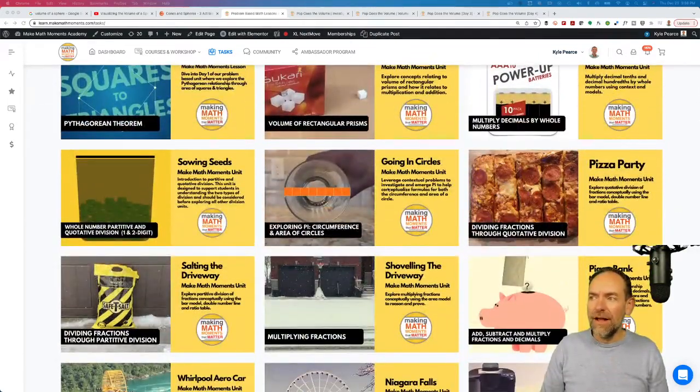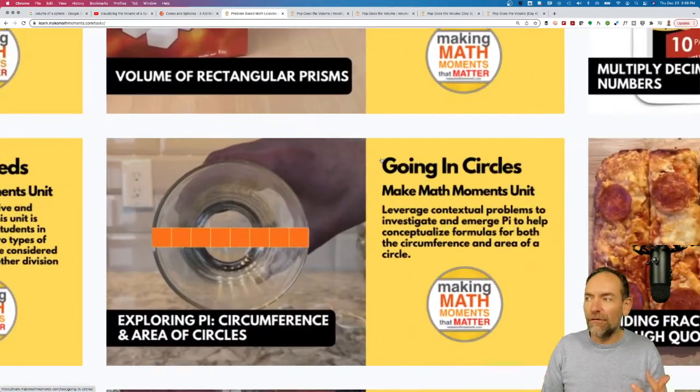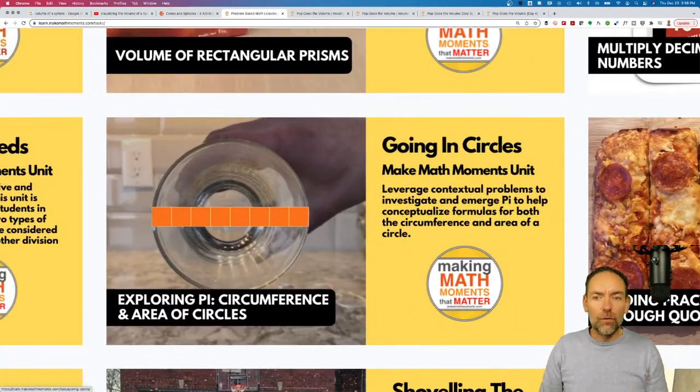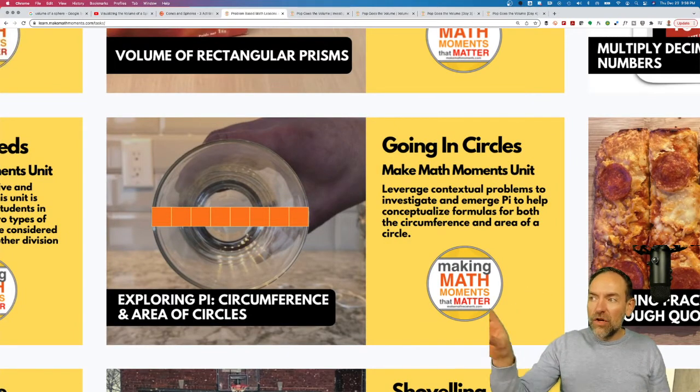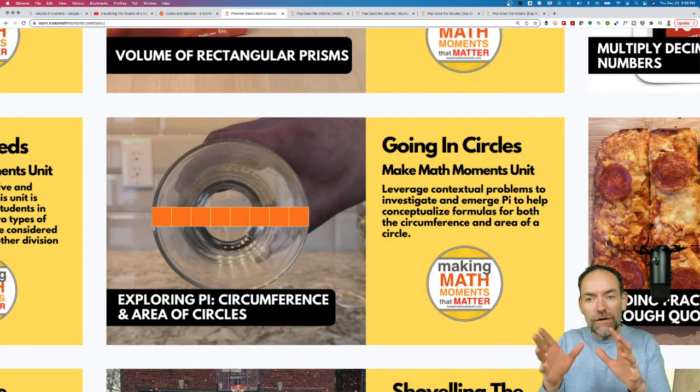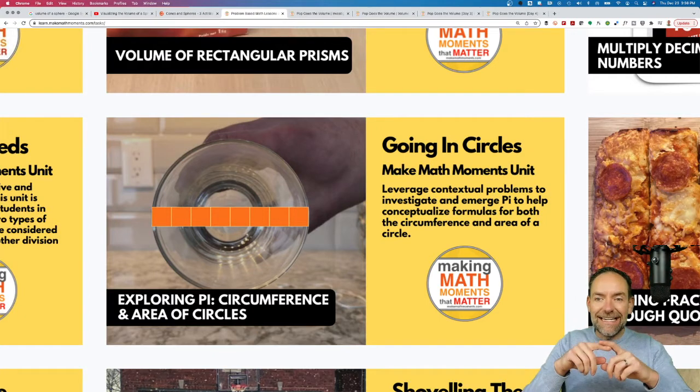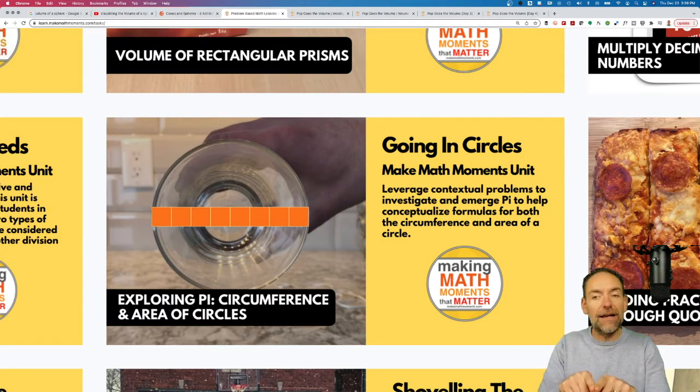One in particular that I'll highlight, which helped me get on this path of avoiding the rush to the algorithm, really started with this Going in Circles unit, where we first explored the circumference and how to calculate it, and really investigated the relationship of the diameter to the circumference, which is pi. We do a lot of work here. And then we also use that in order to extend to the area of a circle.